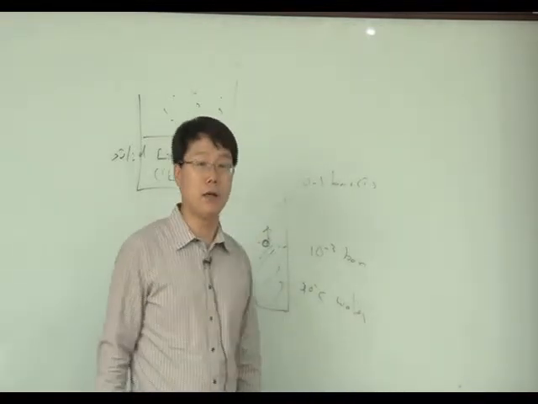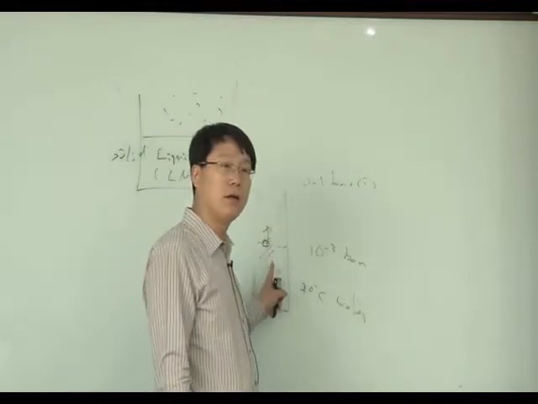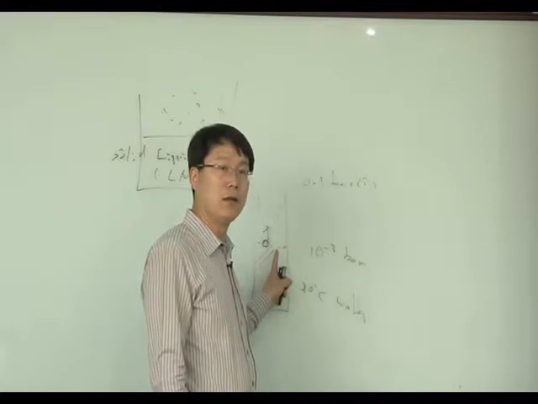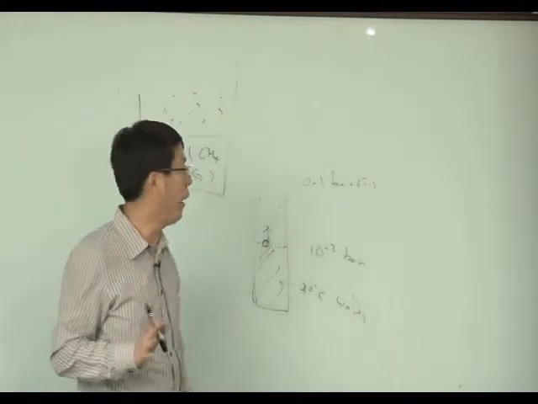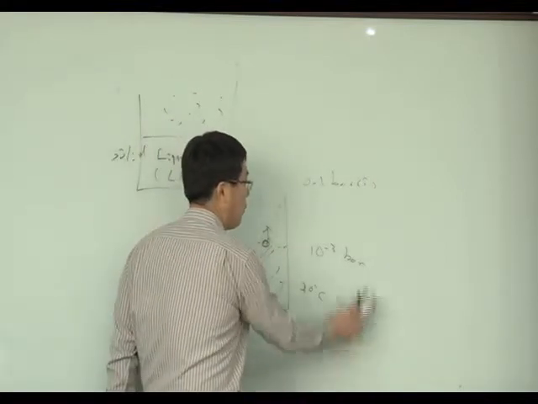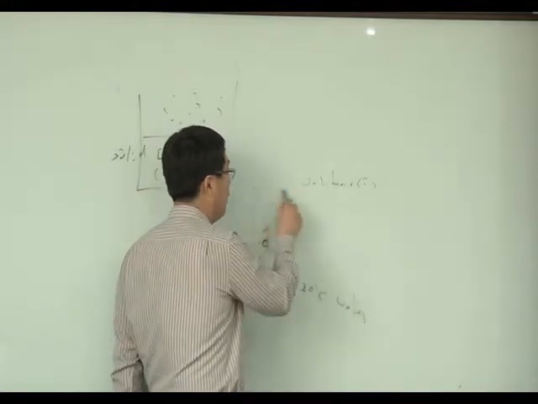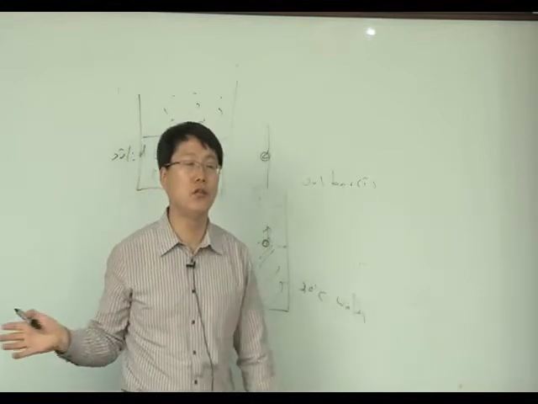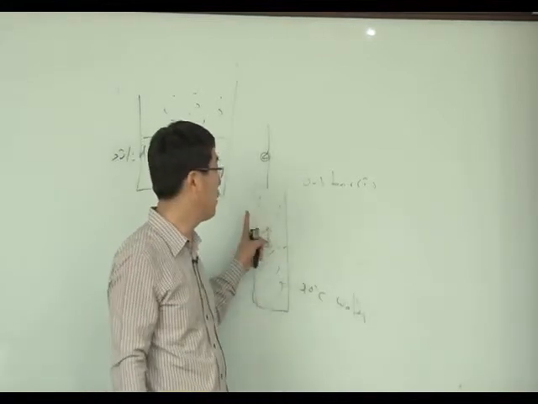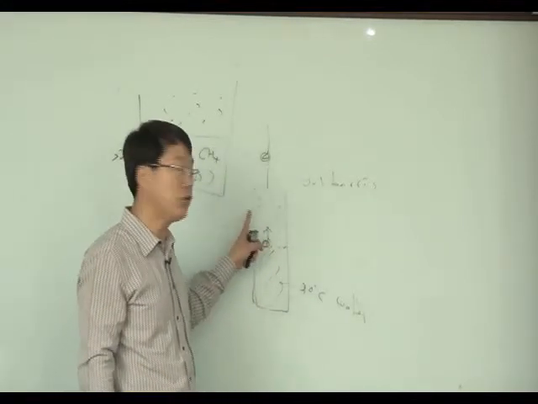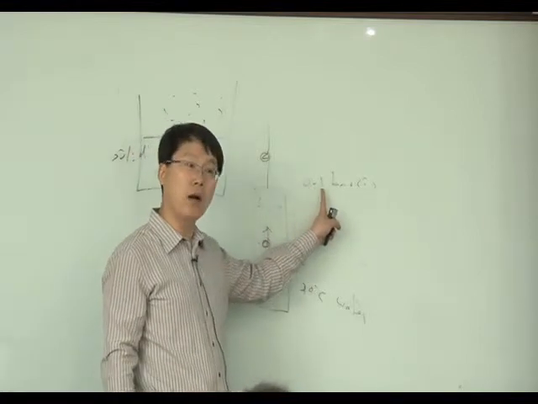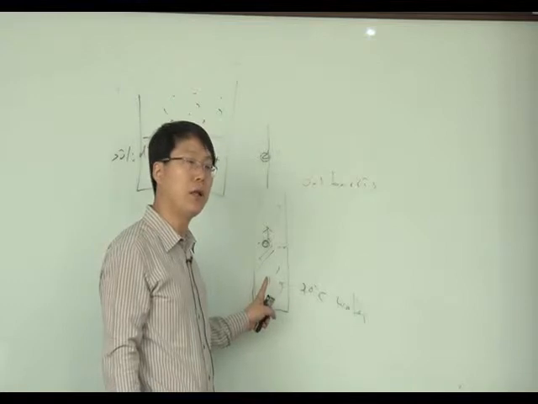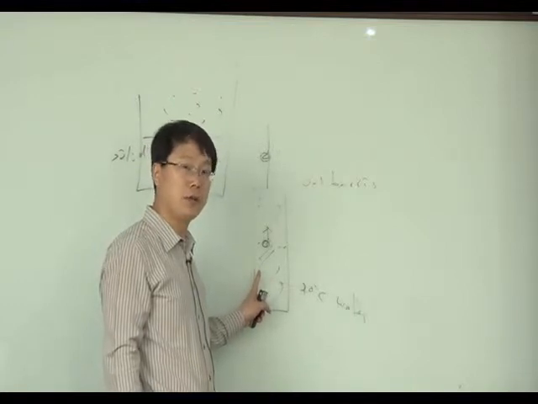So we can make the water boil at 20 degrees. Okay? If we use a vacuum pump and keep the pressure here at 0.1 bar, then we can observe the boiling of the liquid.